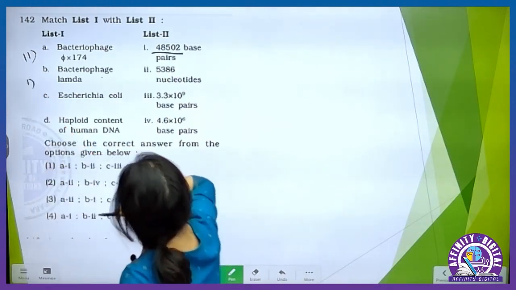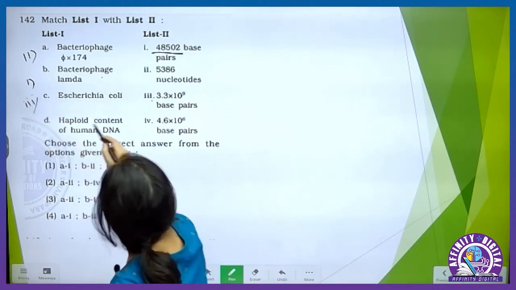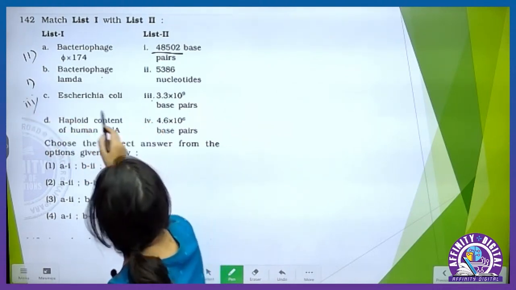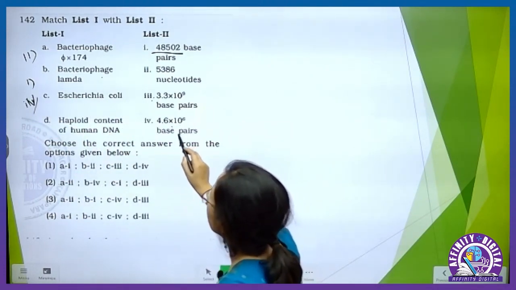B1. E. coli will be C4, sorry. E. coli should be 4.6 into 10 to the power 6 base pair.